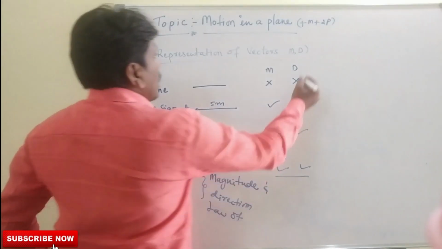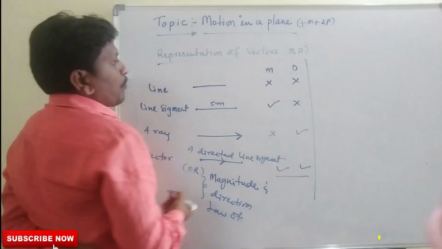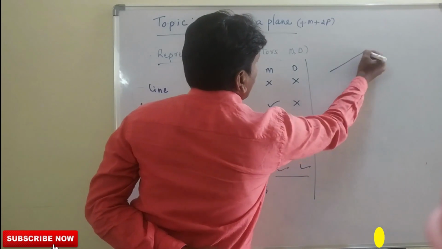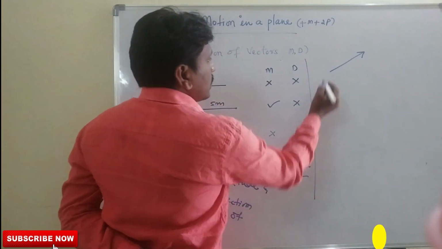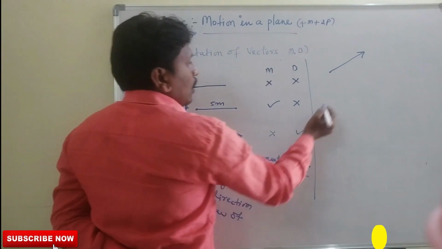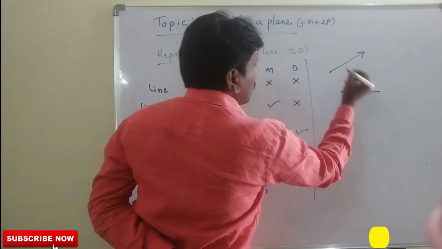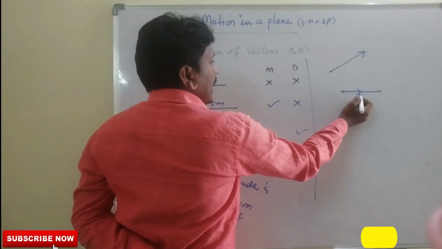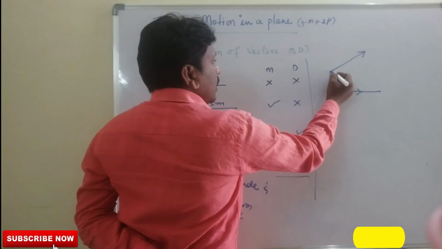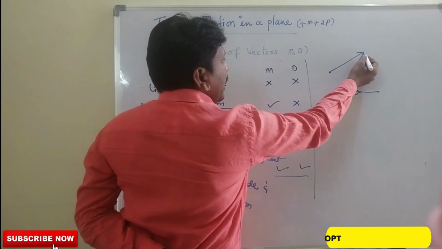Now let's see the representation of vectors. How to represent the vector? For example, this has an initial point, or we can represent it like this. This is a line segment with direction, and the line segment must have an initial point and direction.